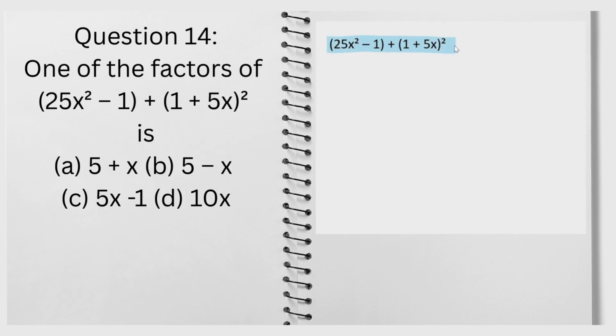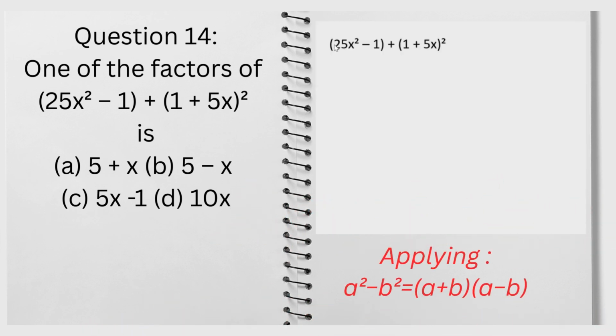Now, in order to find the factors of this, what we are going to do is factorize this expression. So we can apply the identity of a square minus b square over here. The first thing to do is writing 25x square as (5x) whole square and writing 1 as 1 square.